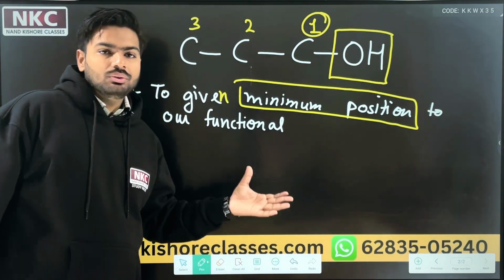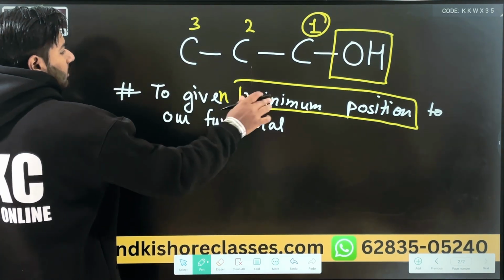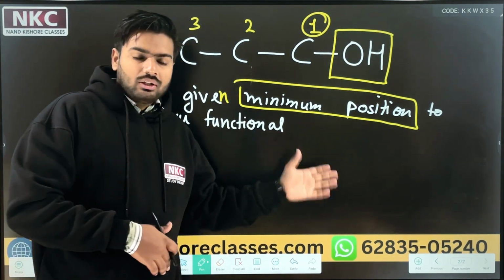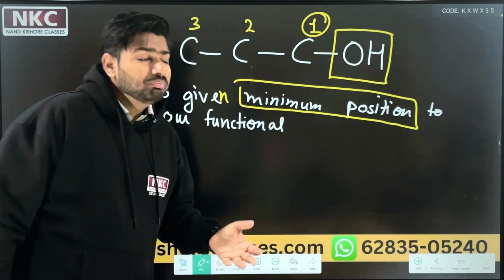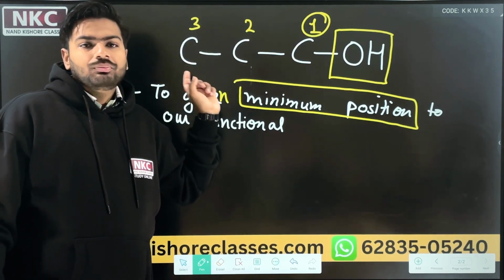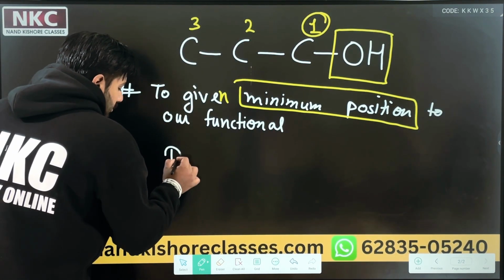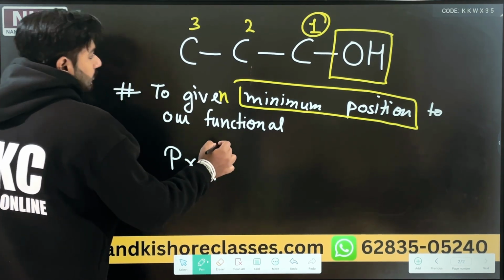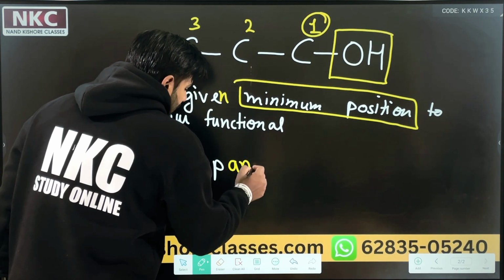So how are we going to write the name? First of all, we will write the prefix. Here no substituents are present, none like chlorine, bromine, iodine or alkyl group. So for 3 carbons, our root word will be prop, and because all carbon-carbon bonds are single bonded, we write ane.